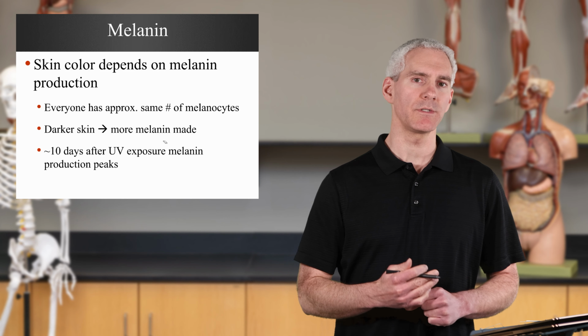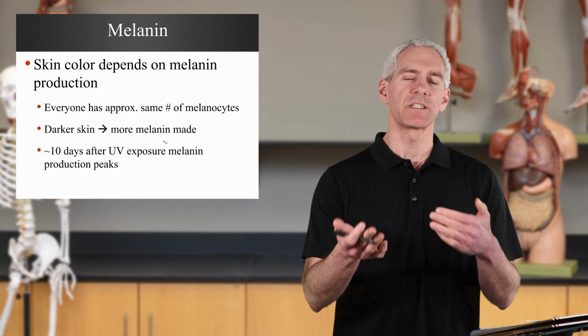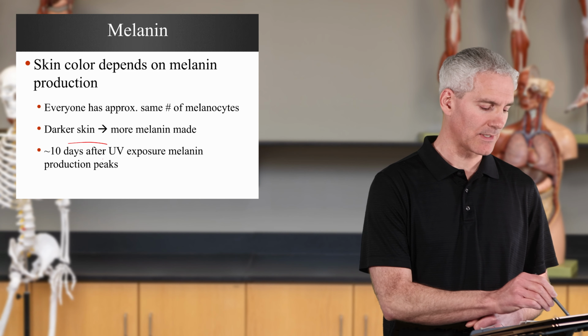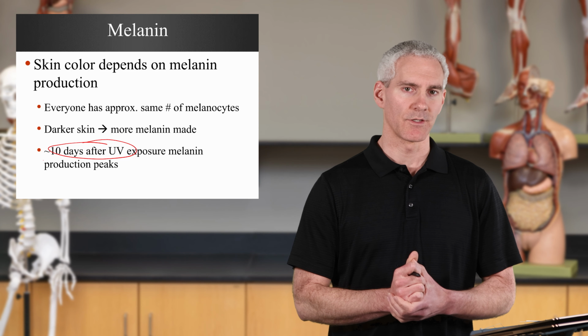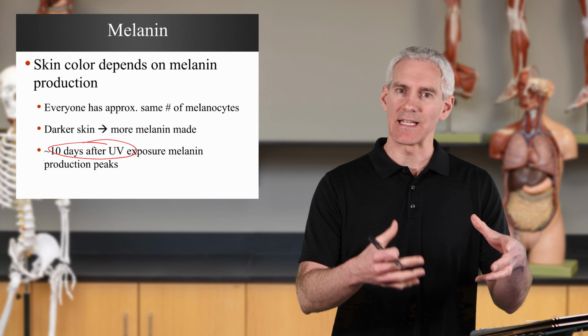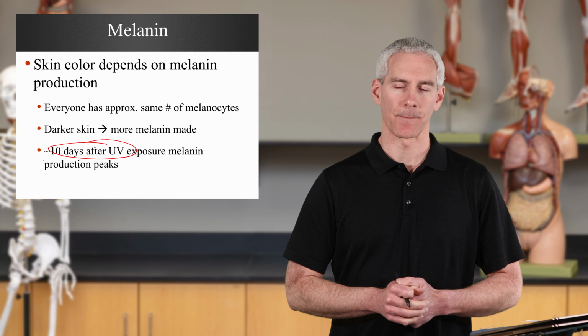Because when you're exposed to UV radiation, or basically sunlight, the sunlight itself is going to have about a 10-day window when it peaks afterwards. So from that exposure, you'll keep increasing melanin production for about 10 days afterwards.